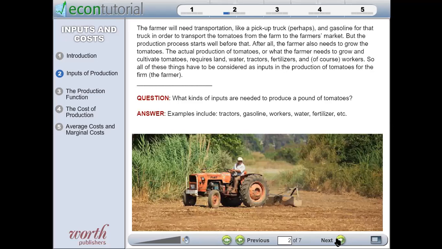But the production process starts very well before. After all, the farmer also needs to grow the tomatoes. The actual production of tomatoes, or what the farmers need to grow and cultivate tomatoes, requires land, water, tractor, fertilizer, and of course workers. So all of these things have to be considered as input. So that we saw.